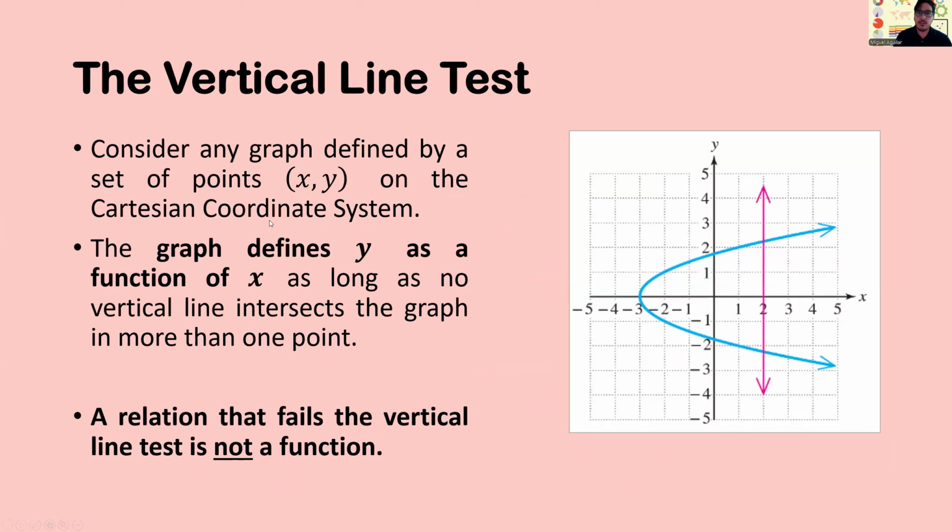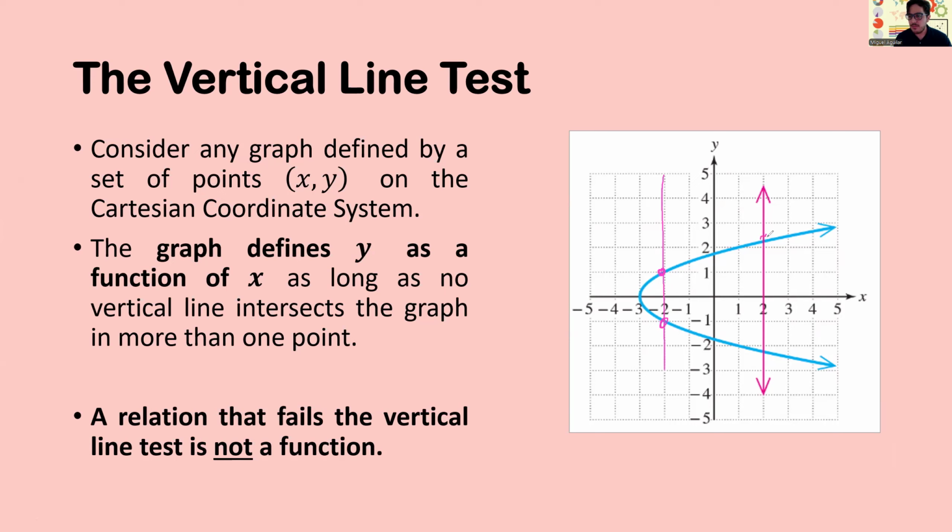How can we tell whether that graph of a relation satisfies the definition of a function? And that's where we applied the vertical line test, where we said, if I can draw any vertical line anywhere on the graph and I only have one intersection, well, then we can say that that's a function. But if I can draw a vertical line and I have two intersection points, then that's not going to be a function.